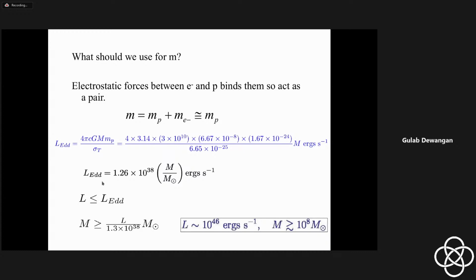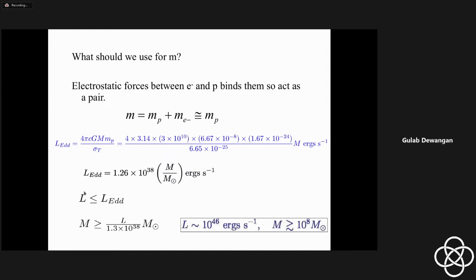Then we calculate the Eddington luminosity, which is 1.26 times 10 to the power 38 times M, with mass in units of solar mass. So for one solar mass object, the Eddington luminosity is 1.26 times 10 to the power 38.